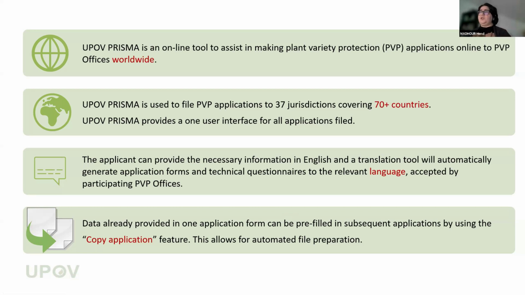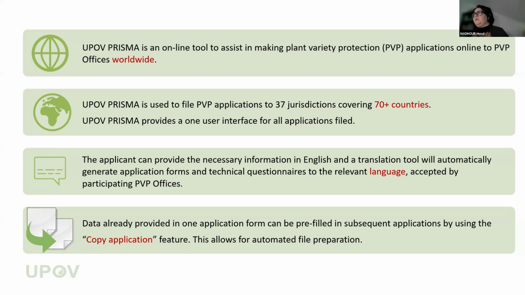The applicant in UPOV PRISMA can provide the information in English or in any other language, and a translation tool will automatically generate the application form and technical questionnaire in the relevant language accepted by the participating PVP office.